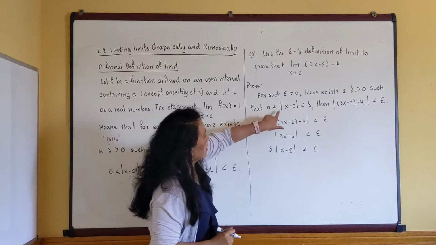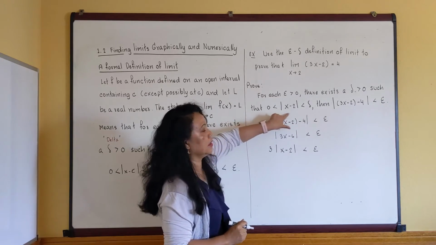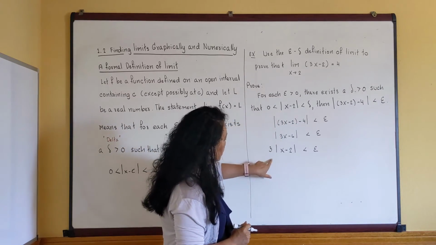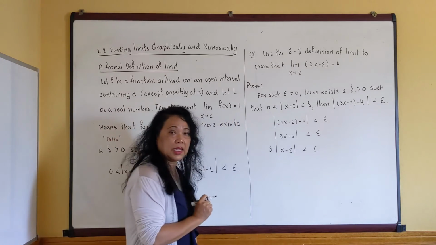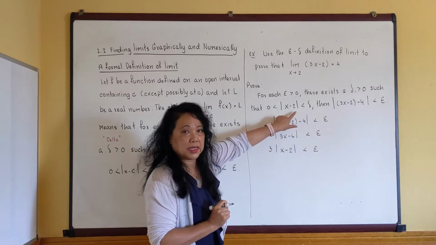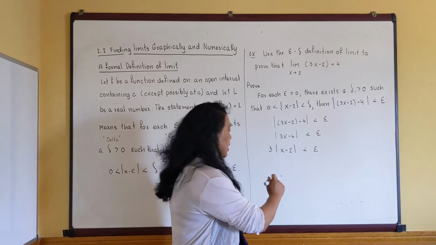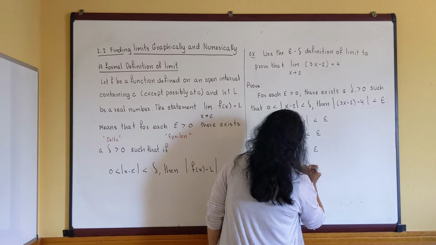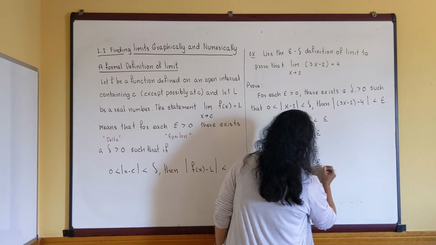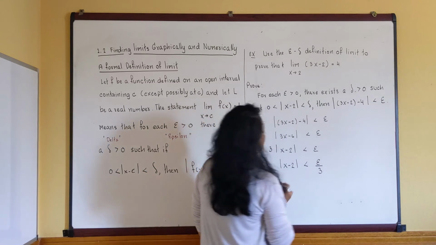So I want to get this statement here. It's not there yet. But I know that if I divide both sides by 3, I will get this statement. So I'm going to divide both sides by 3. So the absolute value of x minus 2 would be less than epsilon over 3.